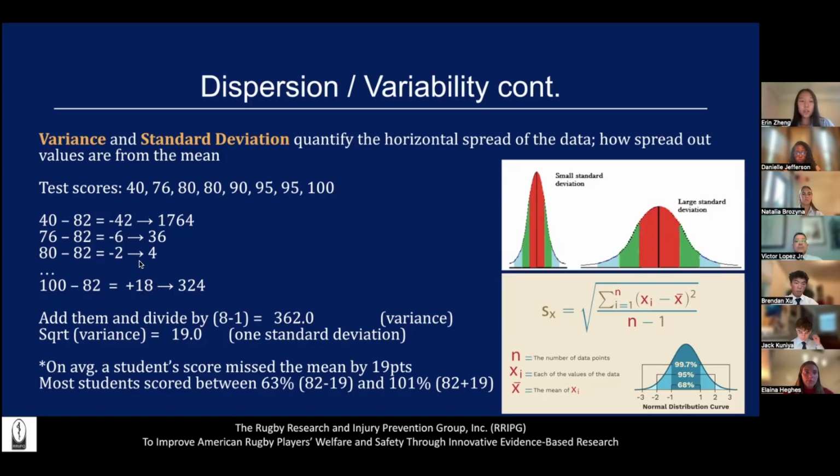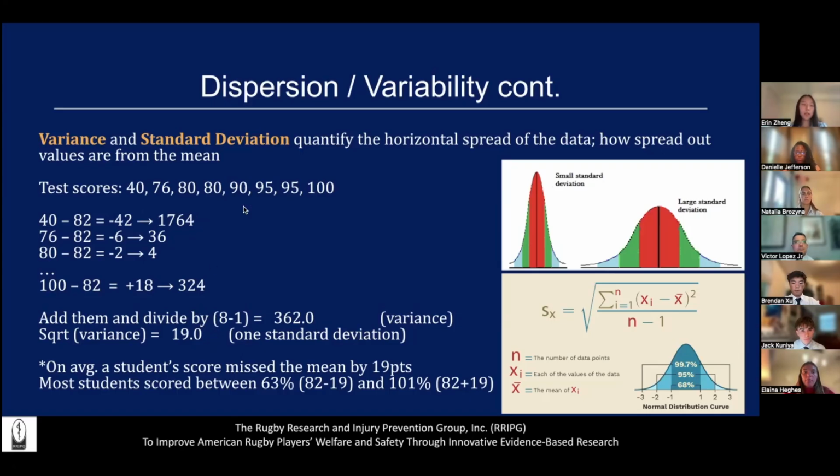So then you square these values and add them up. Once you add them up, you divide by the number of data values minus 1. So I would take the total of these values and divide it by 7 to get a variance of 362. Then once you take the square root of the variance, you'll get around 19.0, which equals one standard deviation for this data set.